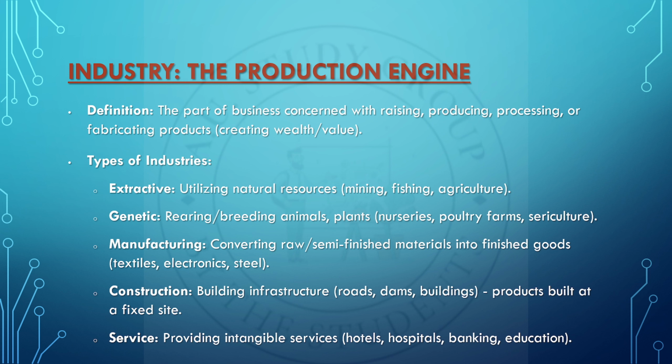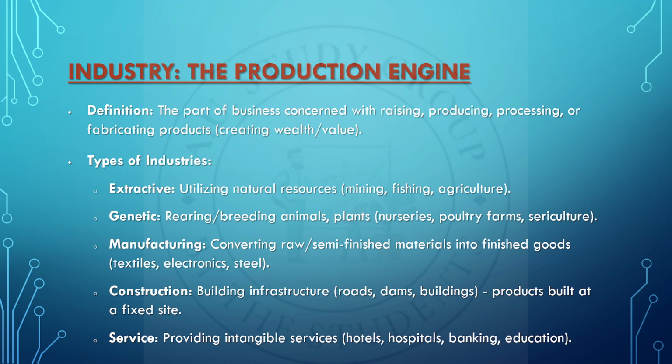It all comes under manufacturing. Then construction industries, which generally build things like roads, bridges, or houses. Then there is service industry, which provides intangible services like banking, hotels, education. All these fall under service industry.